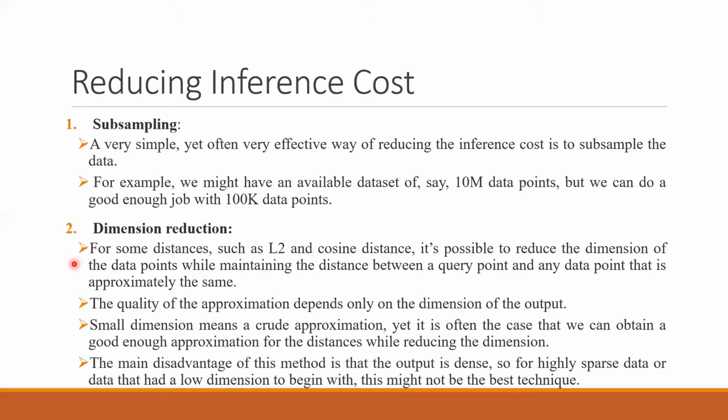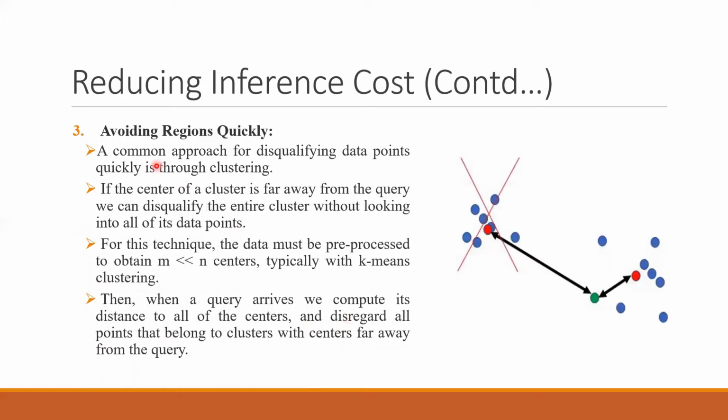So generally, the basic thing discussed here is that by using these two distances, if the question comes that how can you reduce the inference cost for the KNN using the dimensionality reduction, you can say that these are the two distance techniques, L2 and cosine distance, which help us to get the crude approximation even with the reduced dimensions. And the last point is that you can avoid the regions quickly.